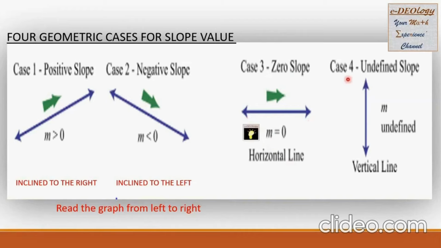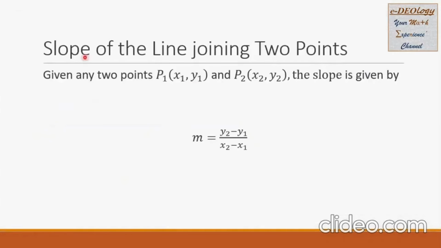The case 4 is undefined slope. The M is undefined. The lines with undefined slope are the vertical lines. Also, all vertical lines have slope that is undefined. Let us study now the slope of the line joining 2 points.